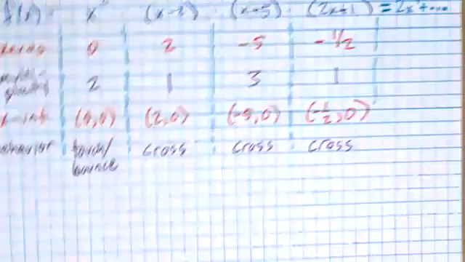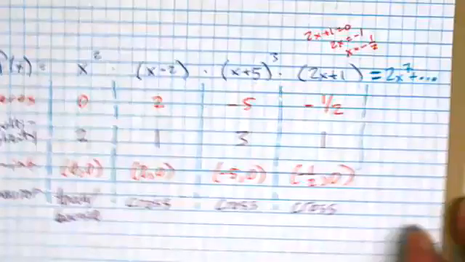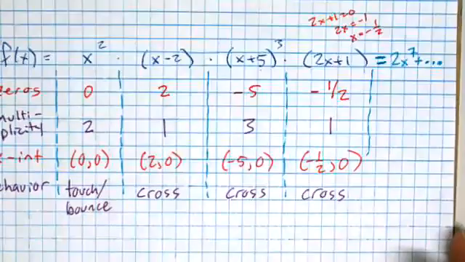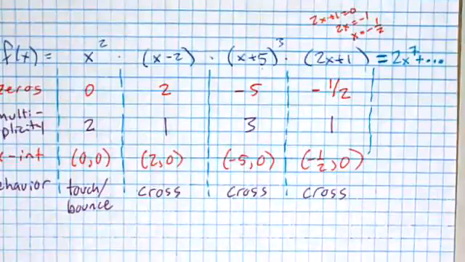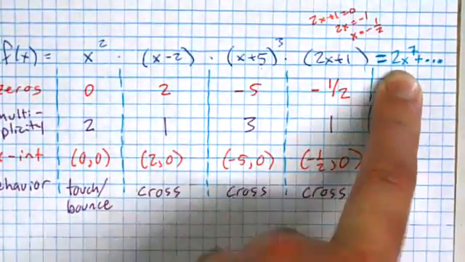All right. So going back to our example here, we need a lead term. Oh, we did that. Right. We already worked out what the lead term is going to be.